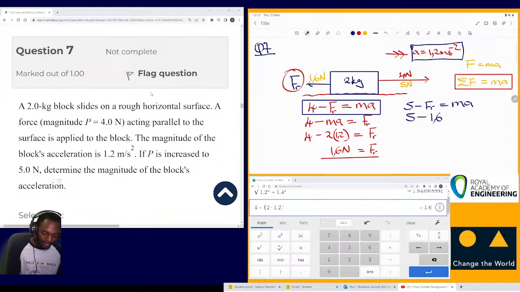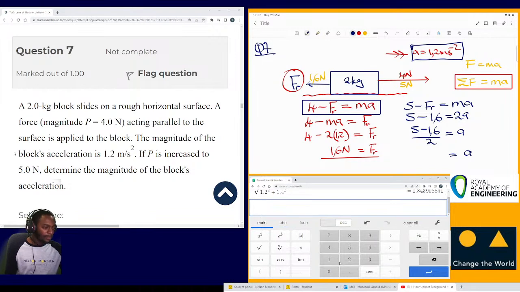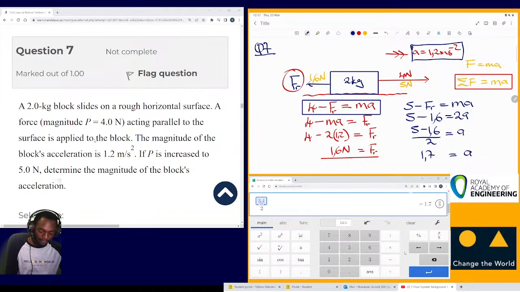It doesn't change, it remains 1.6, equals the mass, which is 2, times A. So this will be 5 minus 1.6, all divided by 2, equals A. We get an acceleration of 1.7 meters per second squared.